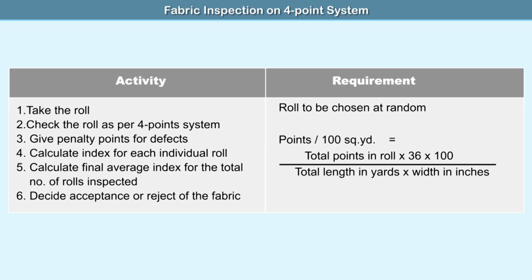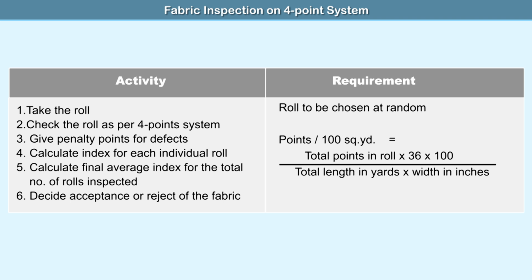Fabric inspection on the 4-point system. The purpose is to decide acceptance or rejection of a fabric roll for wovens.